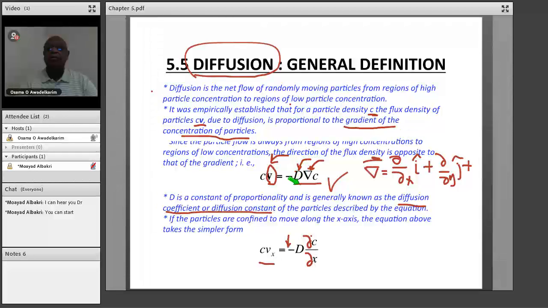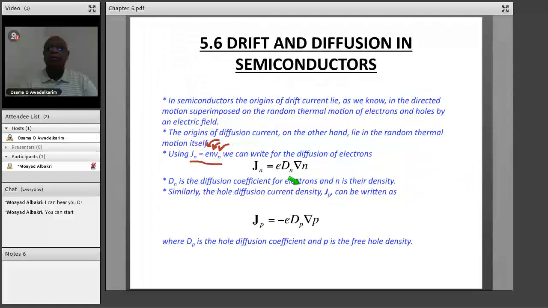So this is what we need to substitute for V, right? Instead of V here, we're going to put Vn, so N Vn, which is actually our CV, where C is the concentration, and the concentration in an n-type is N.